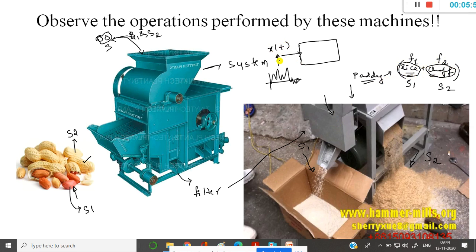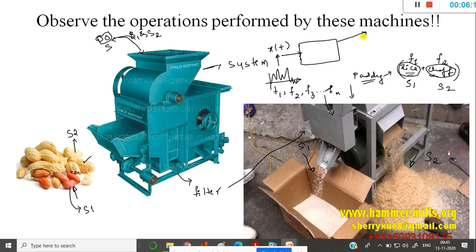Similarly, x of t is one signal which may comprise two signals, three signals, or n number of signals, consisting of an f1 frequency component, f2 frequency component, f3 frequency component, and it continues. I don't know how many frequency components combine to form x of t.